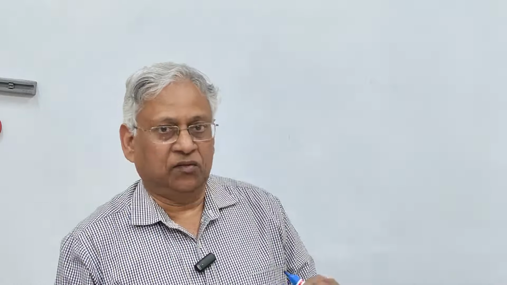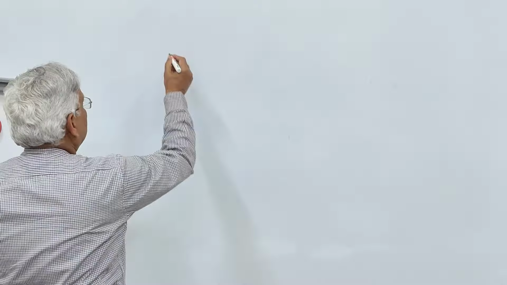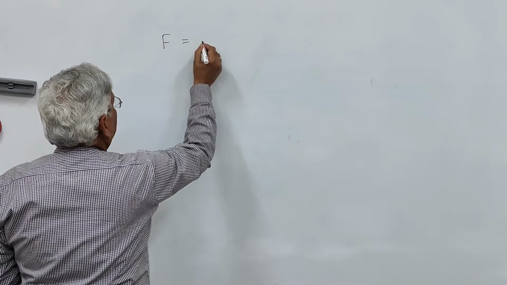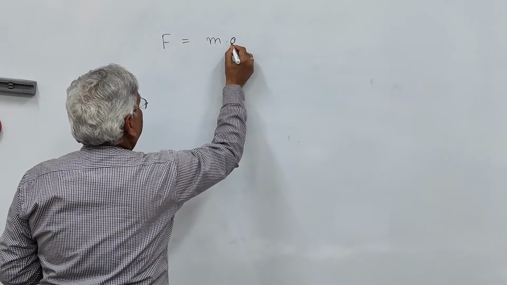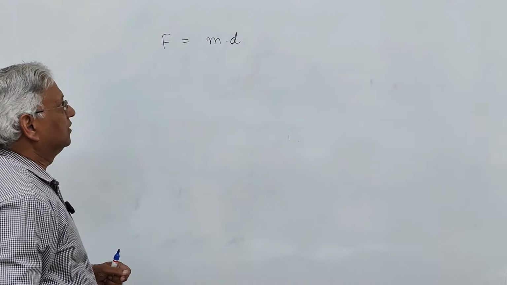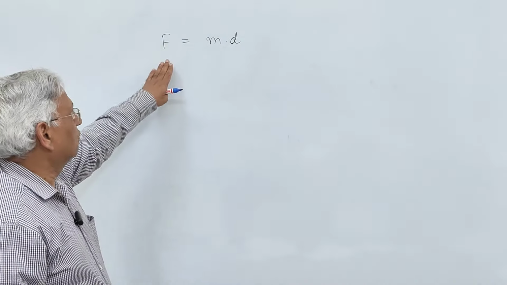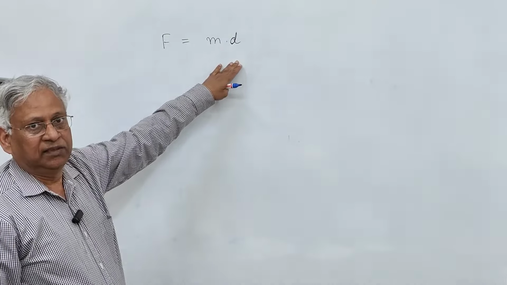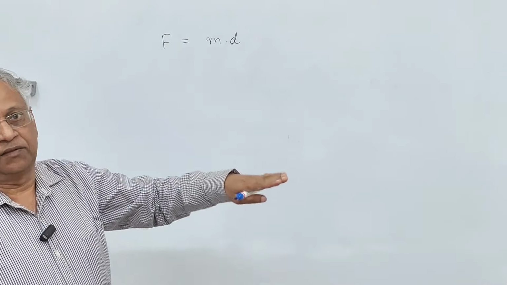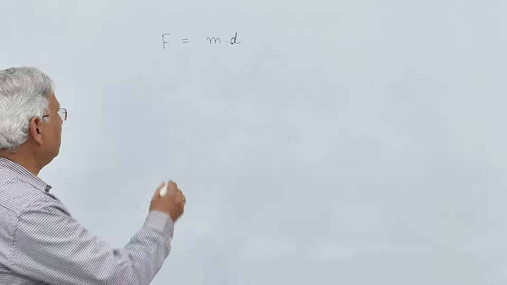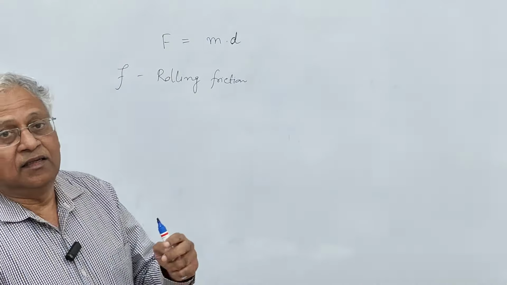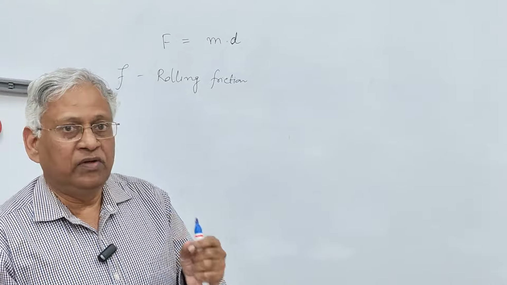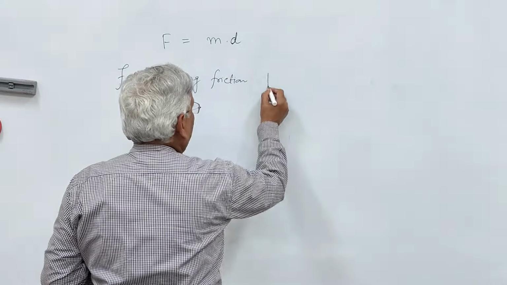Here let us start with the fundamental, that force required to decelerate a vehicle at, let us say, rate of deceleration d is given by this equation, F is equal to m into d. D is the rate of deceleration. And if f is the rolling friction, then rolling resistance of a moving vehicle is given by this equation.